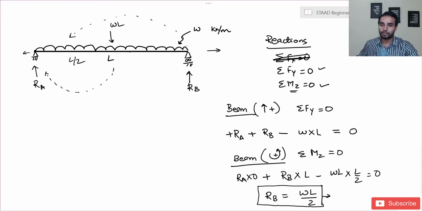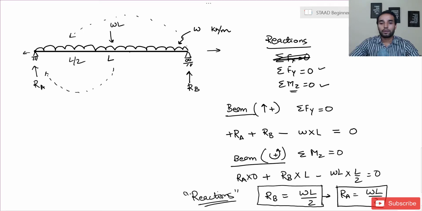And if I further calculate, RA will also come out to be WL by 2. So these are my reactions. There was obviously an easy method of doing it, just because it's symmetrical and the total load is WL. So these would have been half of it, and hence you would have got WL by 2. But I wanted to show you how the reactions are calculated. So my first part is done. The reactions come out to be WL by 2 and WL by 2.